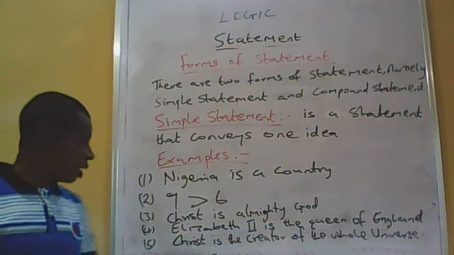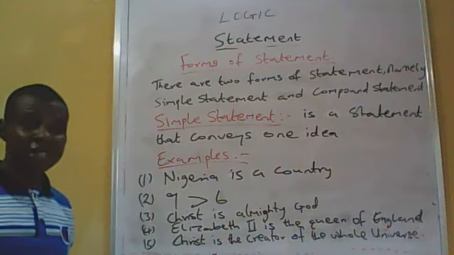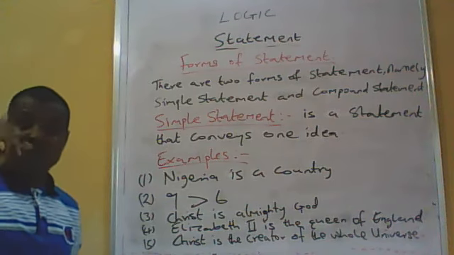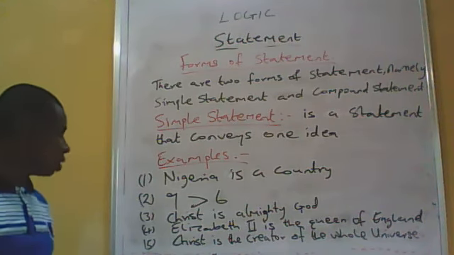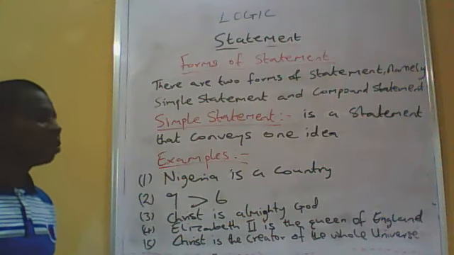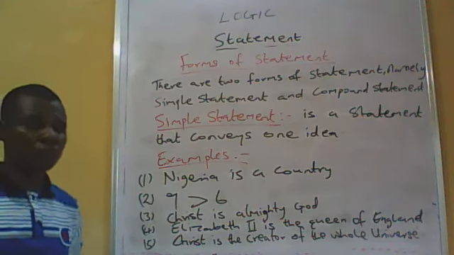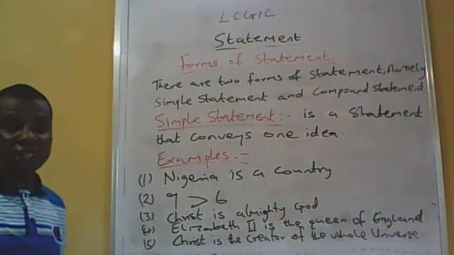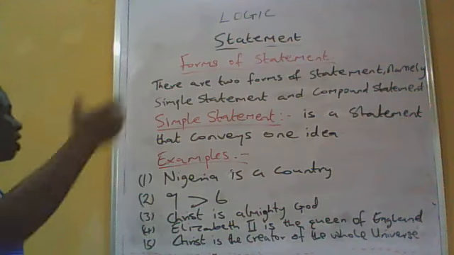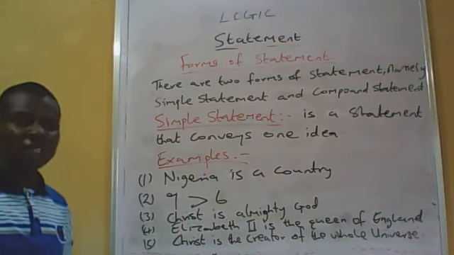Another one is Elizabeth II is the Queen of England. It's also a statement which conveys only one idea we can judge to be true or false. Then Christ is the creator of the whole universe. It's also another statement we can judge to be true or false, but not both. So it conveys a single idea we can judge true or false, but not both. So these are examples of simple statement. Let's go over to compound statement.